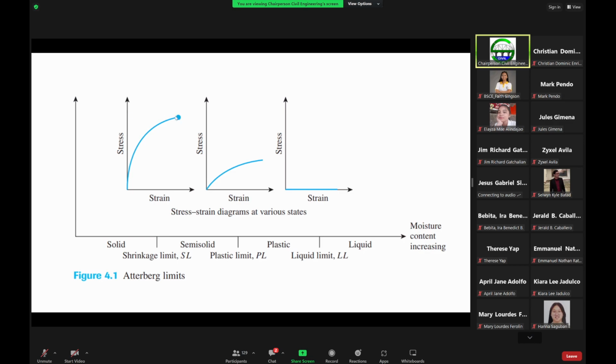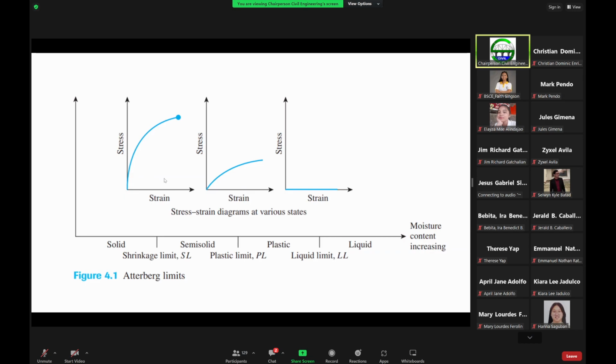Now, if your soil is between the semi-solid and the plastic state, having a plastic limit value of the moisture content, then at the same strain, if you look at this curve here, you would only need a smaller amount of stress to achieve the same strain.